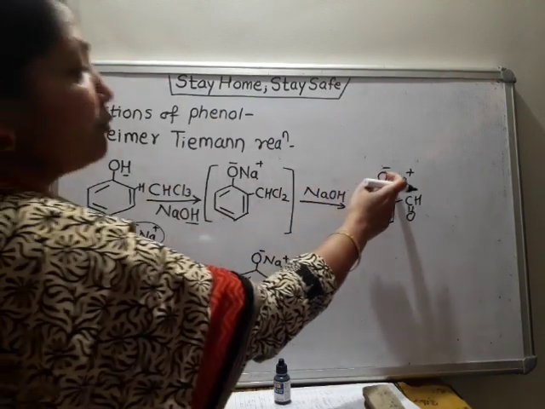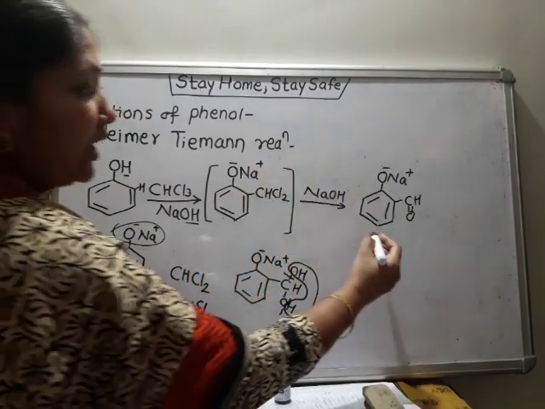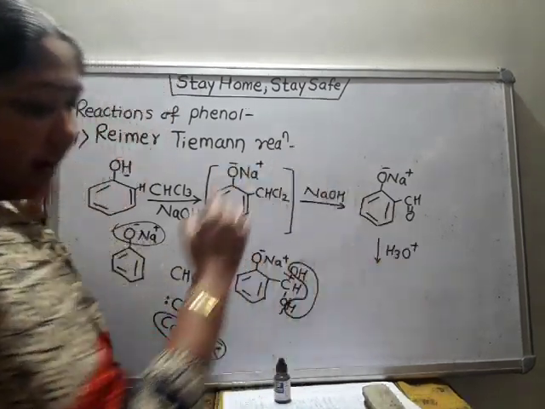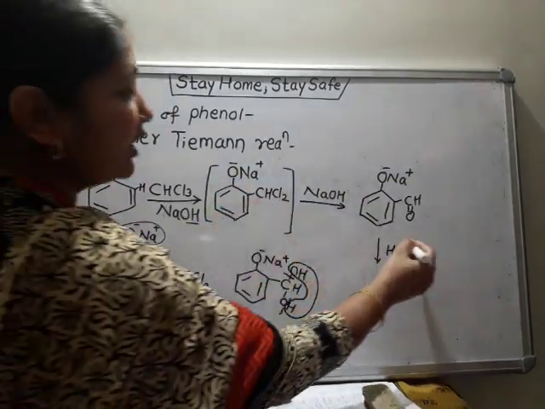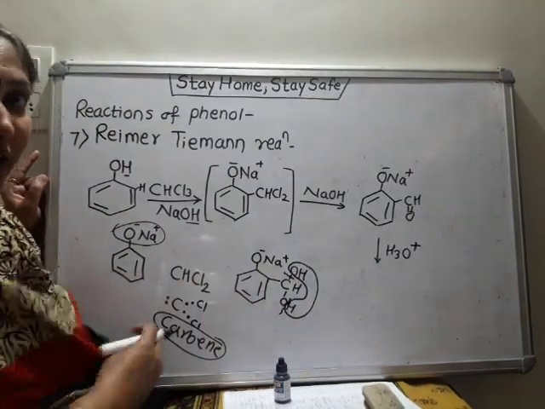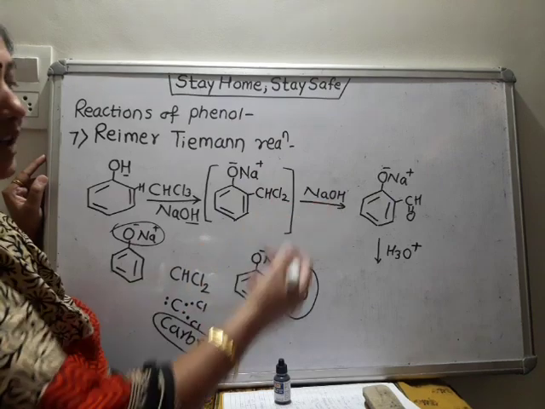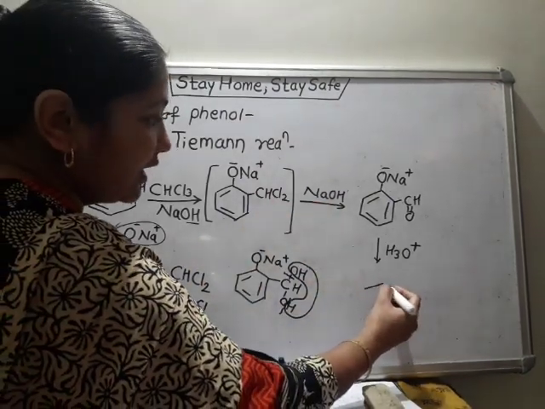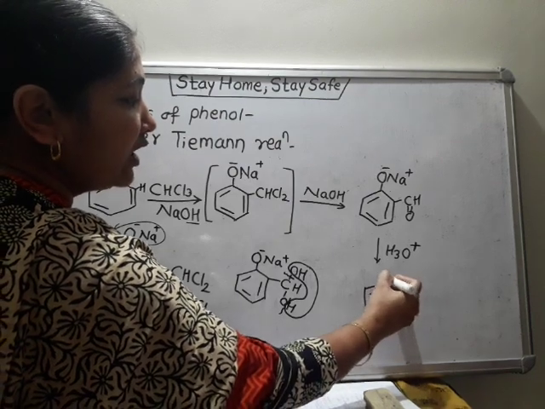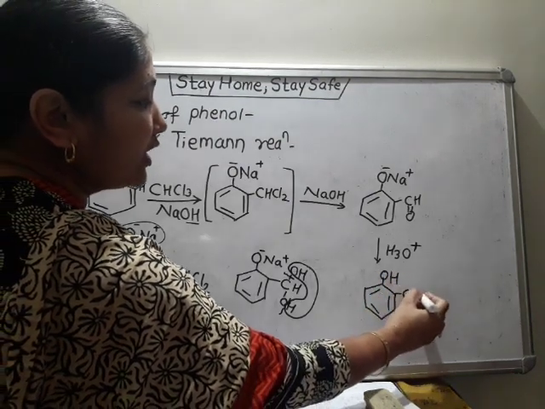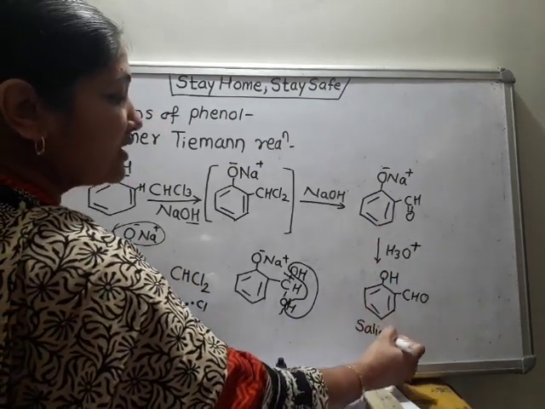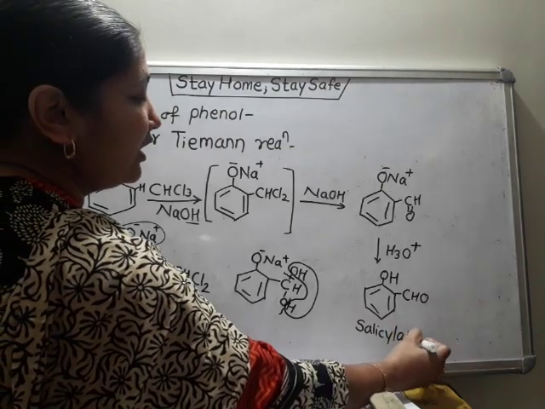We want to convert this back into the phenolic group, so it is further hydrolyzed. H3O plus, acid hydrolysis. HCl in H2O or H plus in H2O. H plus doesn't have free existence, that's why it is converted into H3O plus. And due to hydrolysis, this ONa is converted into OH, and we get this substance which is known as salicyl aldehyde.